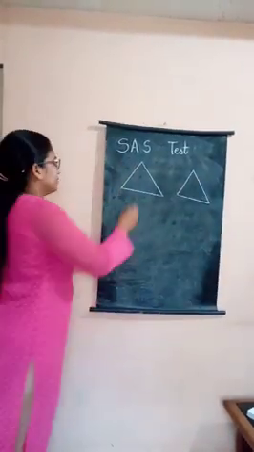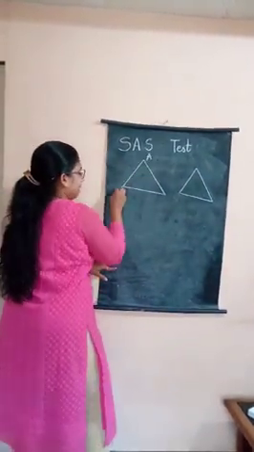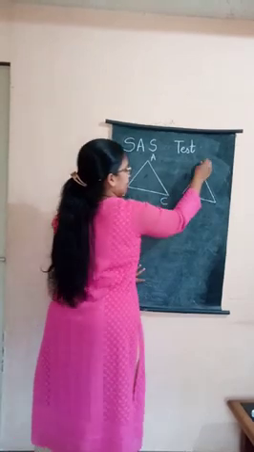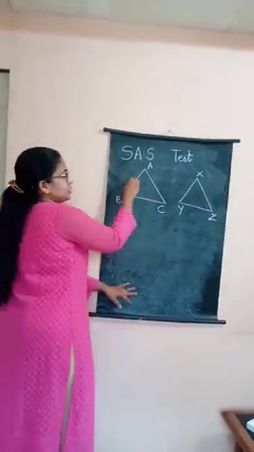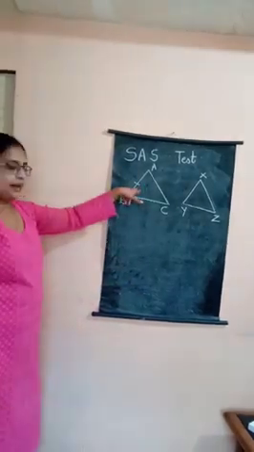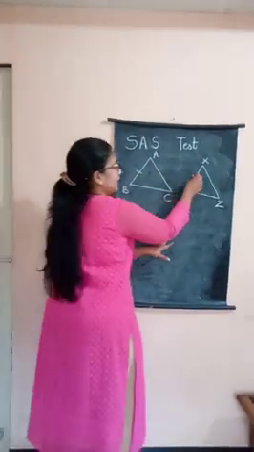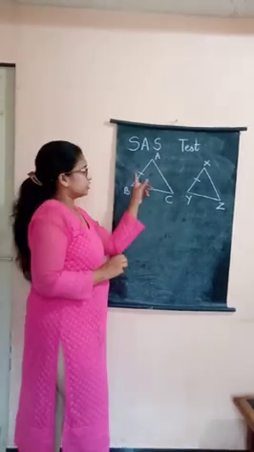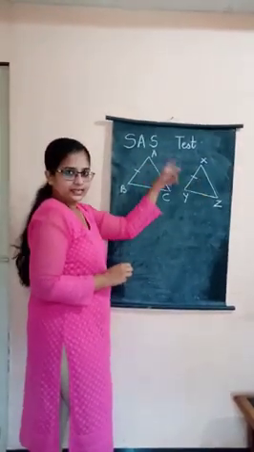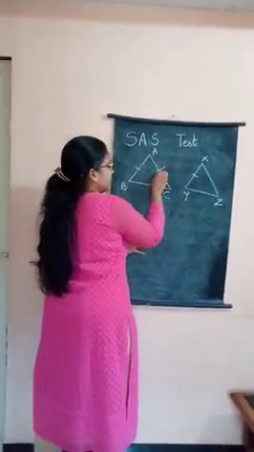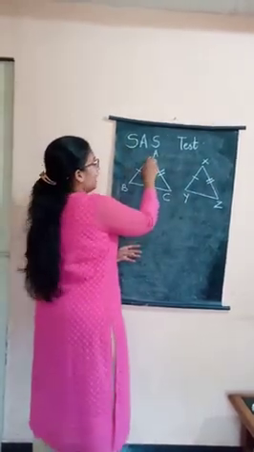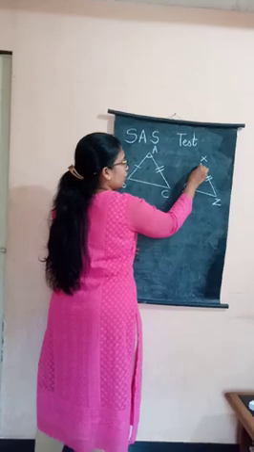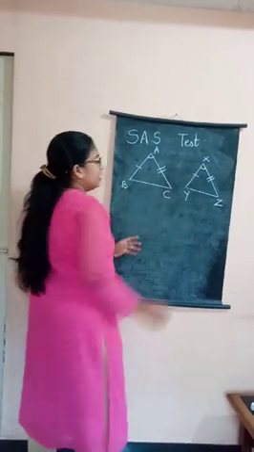Let us name these triangles as ABC and XYZ. It is given that side AB is congruent to side XY, which is shown by the congruence symbol. Side AC is congruent to side XZ, and angle A is congruent to angle X.